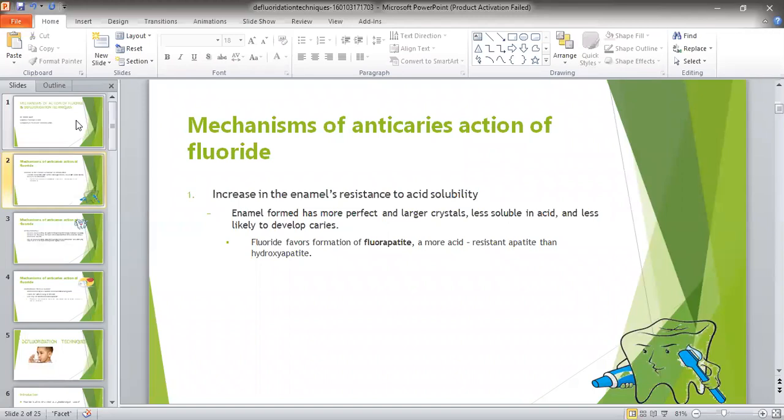And these fluoroapatite crystals will be more resistant to caries and acid attack. So that's the way it will increase the enamel's resistance to acid solubility, by the formation of fluoroapatite crystals. Okay.